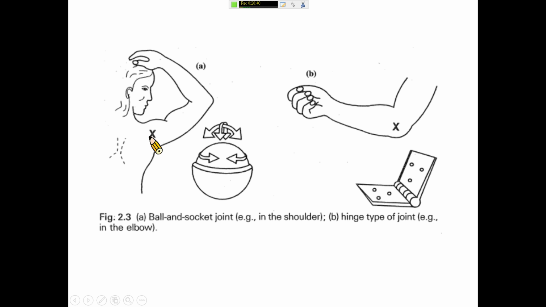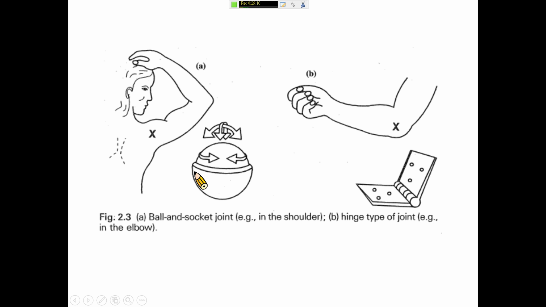The shoulder joint here is a ball and socket joint. If you look at the skeleton, there's enough space for this to move. And this looks like a ball.